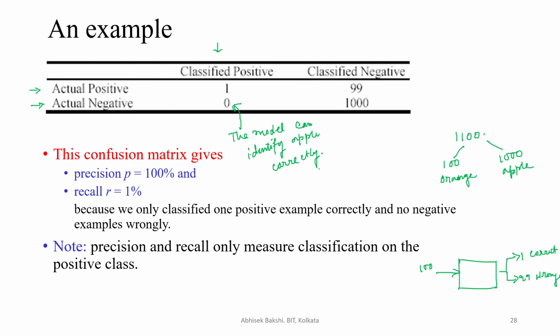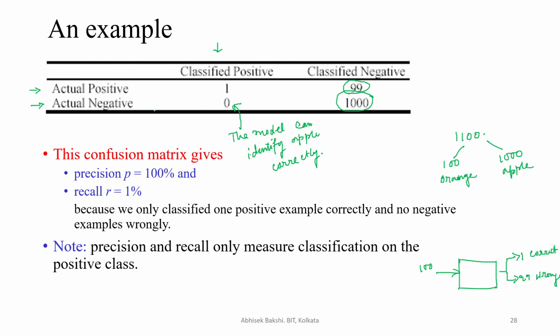But only identifying the apple correctly is not our goal. Our goal is to identify the orange correctly also, which is not happening according to this example, because here the number of misclassification is 99. But this is not misclassification, this is actually correct classification, because this is the second row which is representing actual negative.